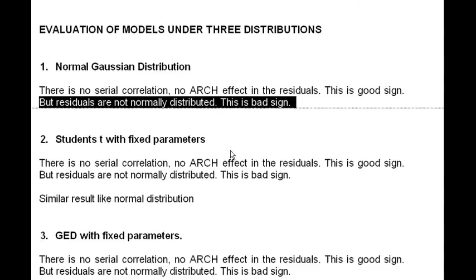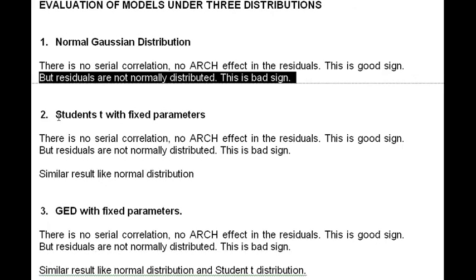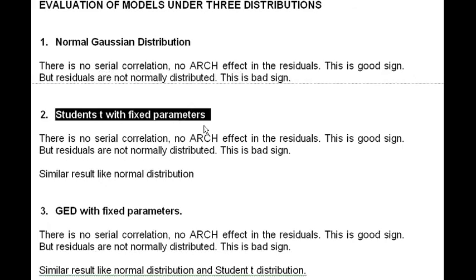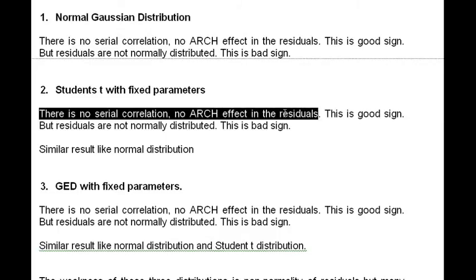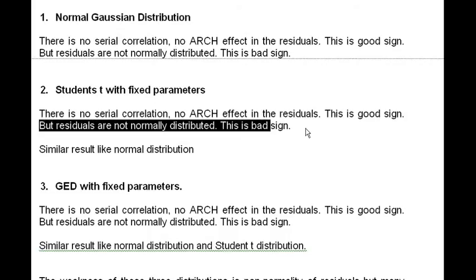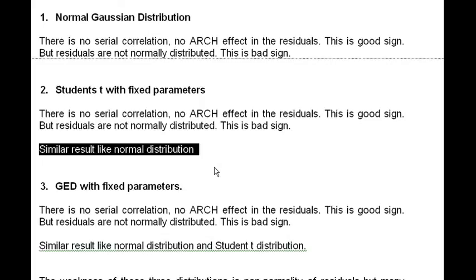Then Student's t with fixed parameters. What is the outcome? There is no serial correlation, no ARCH effect. So this one is a good sign. But the problem is that residuals are not normally distributed. So that is a bad sign as before, a similar result to normal distribution.